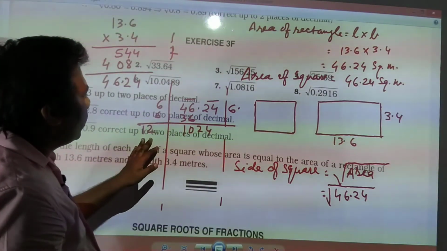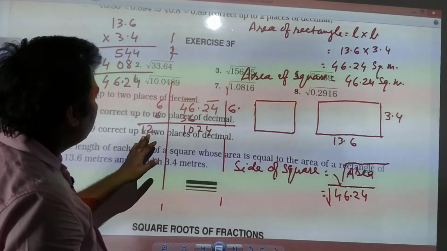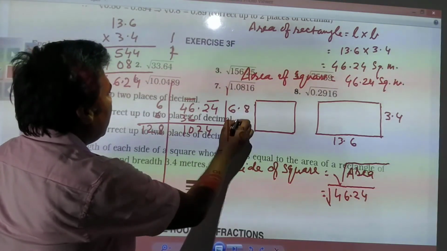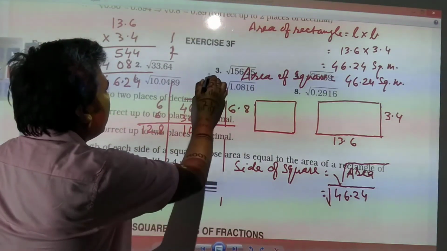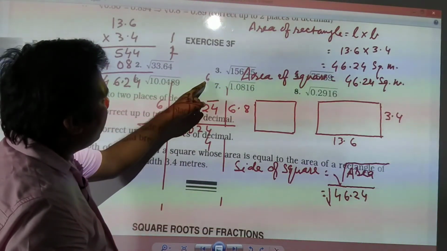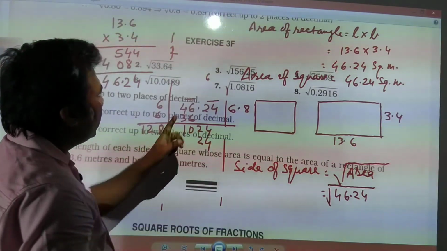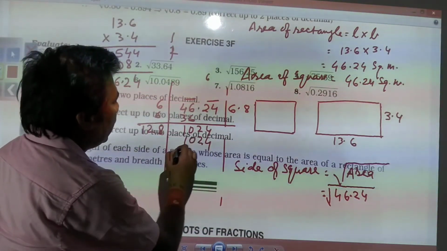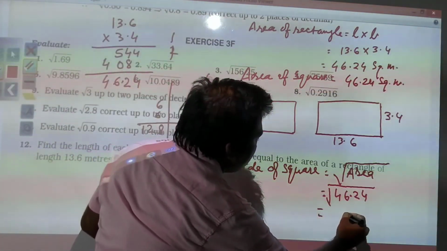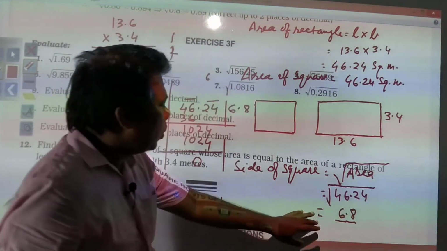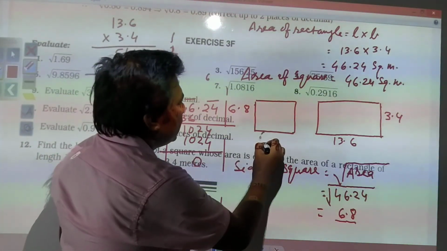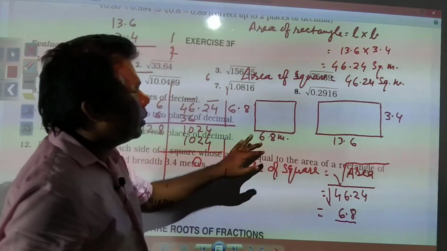Then how many times it will go? 8 times you try. 8 8s are 64, 8 2s are 16 and 4, 22, 8 1s are 8 and 2, 10. So remainder you have got 0. So finally you have got 6.8. So one side of square is 6.8 meter, and this is your answer.